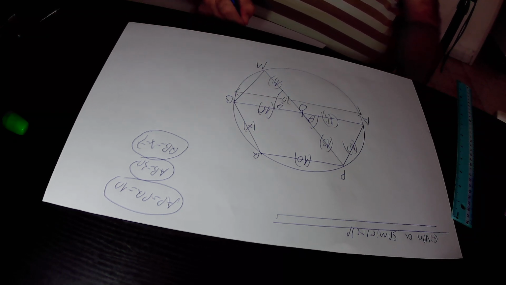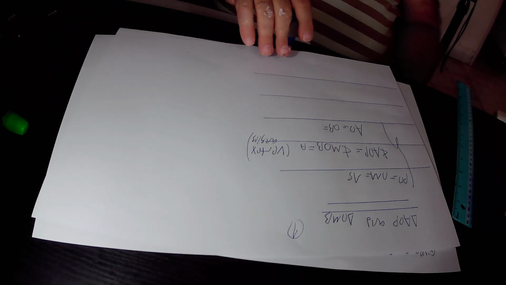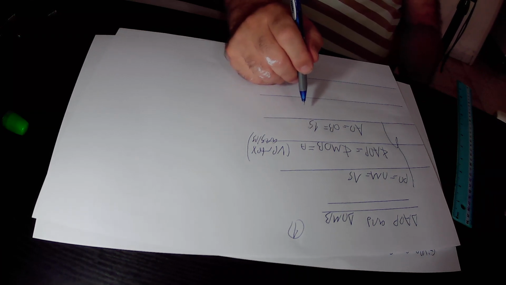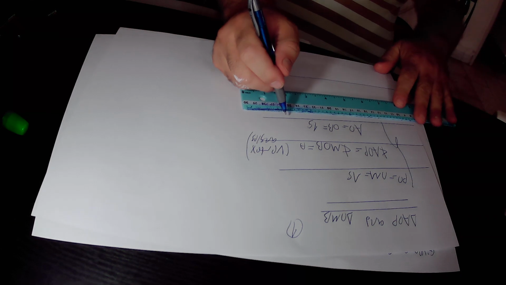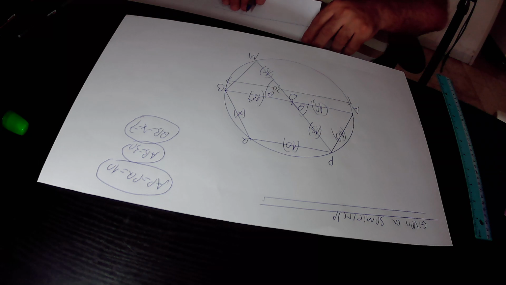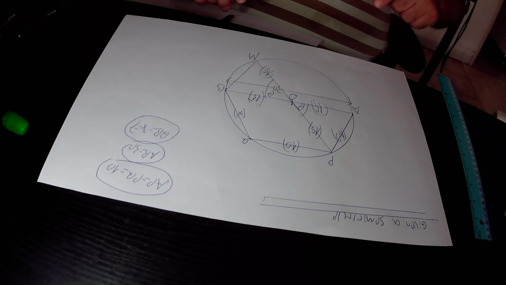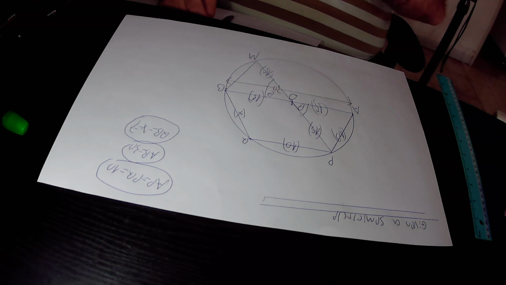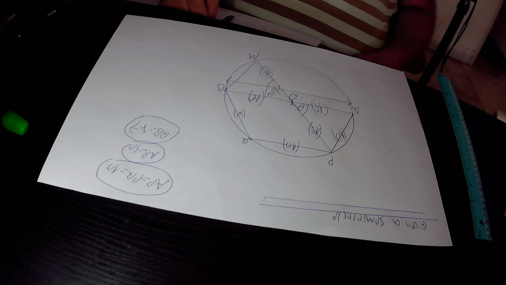AO equals OB. They are both the radii of the circle, equal to 15, therefore they are equal to each other. So we actually proved that triangle AOP is congruent to triangle OMB according to the side angle side rule.